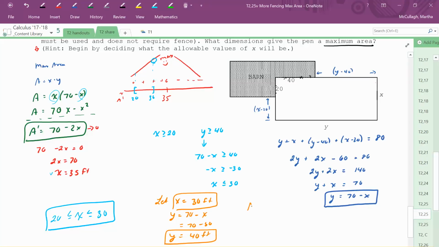And our area equals 30 times 40 equals 1,200 square feet. So as it turns out, with our y value at 40 feet, our pen is really going to look more like this than as we drew it in our initial sketch. So, as always, hope this helps.